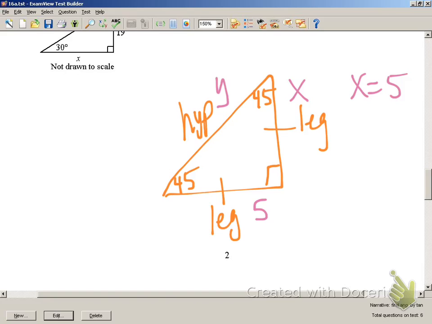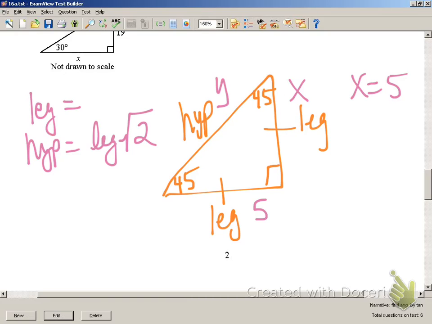Now, how do I find the hypotenuse? If you are given the leg, the hypotenuse equals the leg times radical 2. So in this case, y would equal 5 radical 2.